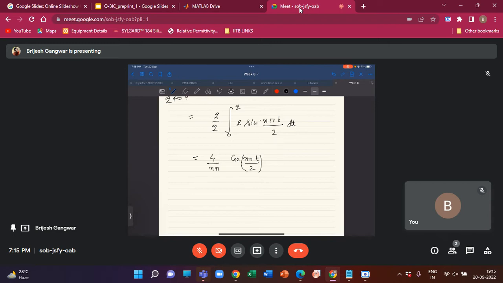Okay, so here we will get the limit from 0 to 2. So you will find 4 by n pi and cos n pi t by 2. When you put in this limit, you will get cos n pi minus 1.